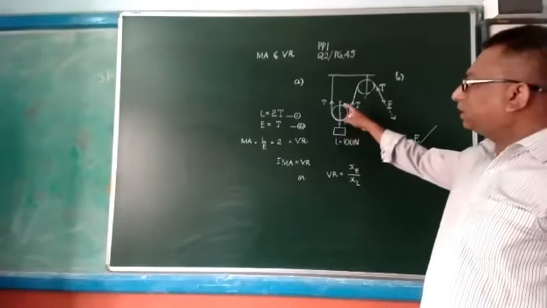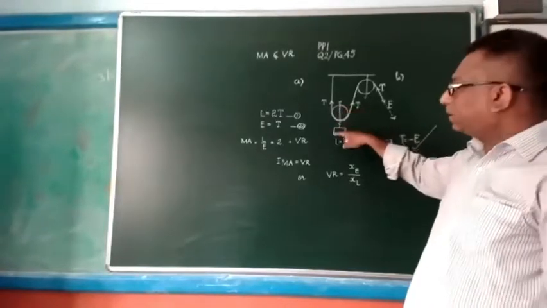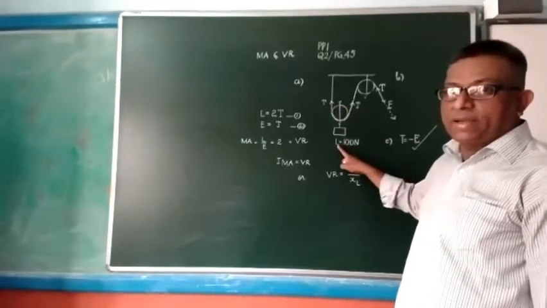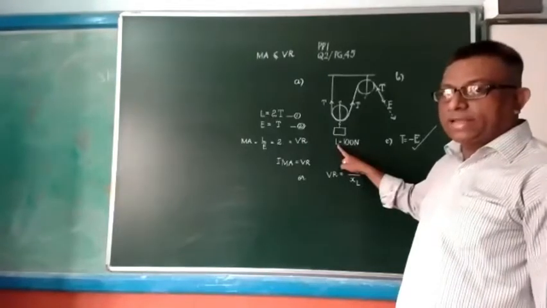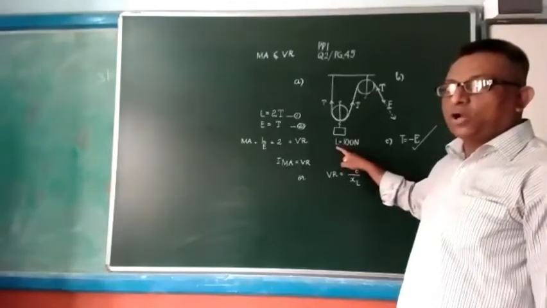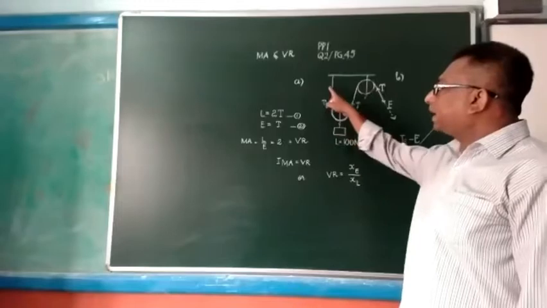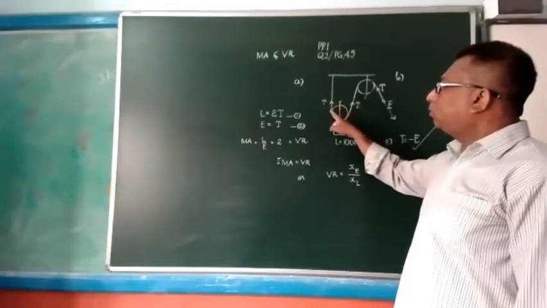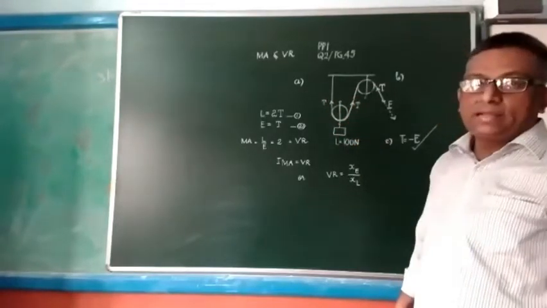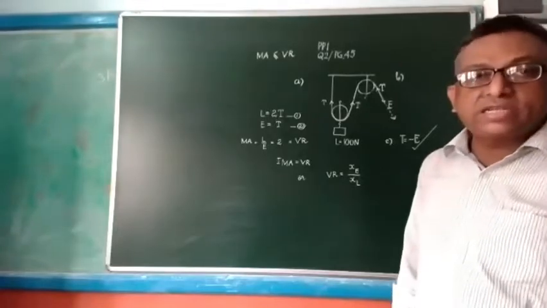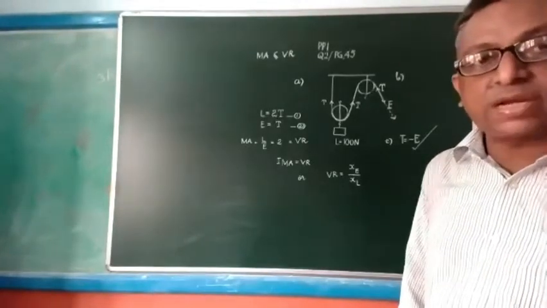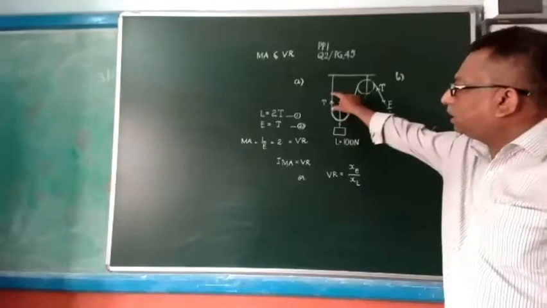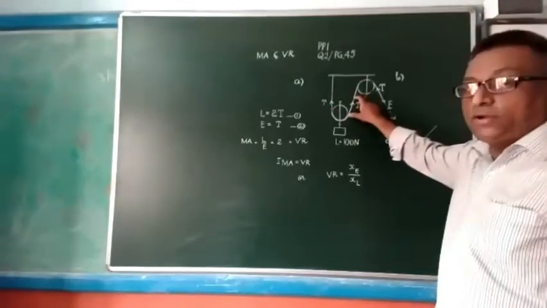It depends on the number of movable pulleys. This load is supported by two strands of cord. That's why this load distance is shared among two strands. Clear? So small d by 2, small d by 2.